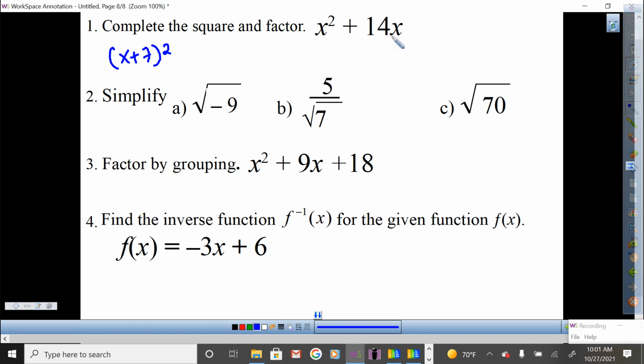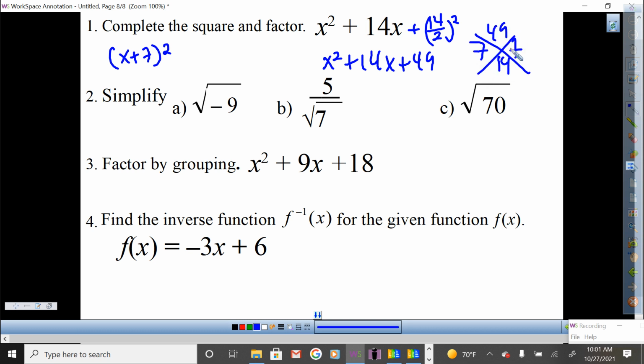We take the coefficient of x, divided by 2, and we square it. So that becomes x squared plus 14x plus 49, because 14 divided by 2 is 7. 7 squared is 49. From there, 7 times 7, 7 plus 7, and that's how we write that.